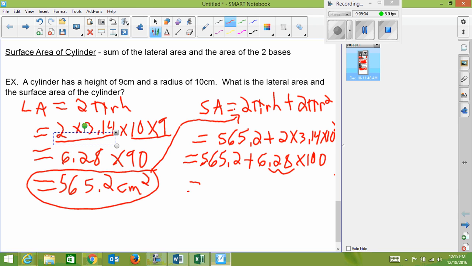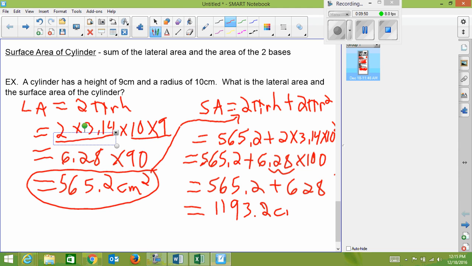So 565.2 plus 628 equals, and I'm not saying to round it or anything, so I'm just going to go ahead and add those: 1193.2 square centimeters. That is my surface area of a cylinder.